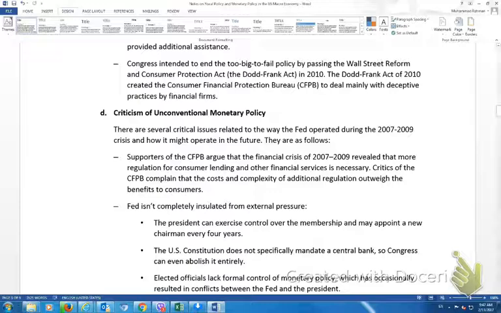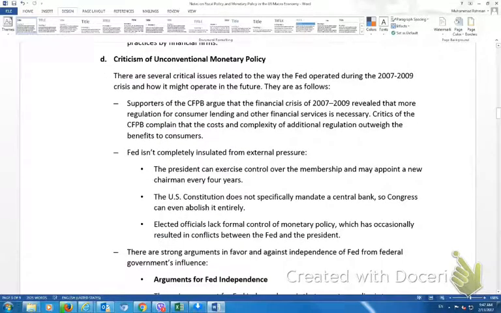Now one has to understand that there are also other general problems for the Fed. First of all, the Fed isn't completely insulated from external pressure, although in principle, by law they are supposed to be independent institutions. They are supposed to be autonomous institutions that should not be influenced by the government.